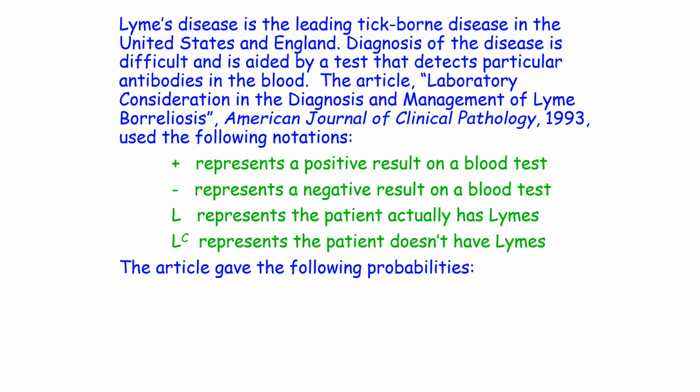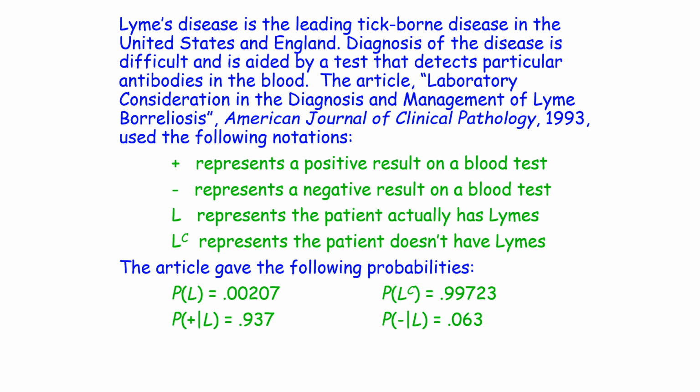So the article gave the following probabilities. The probability that a patient actually has Lyme is 0.00207, whereas the probability that a patient doesn't have Lyme disease is 0.99793.